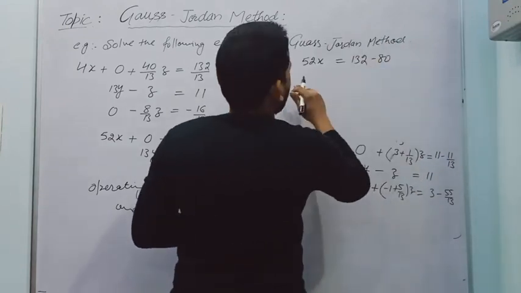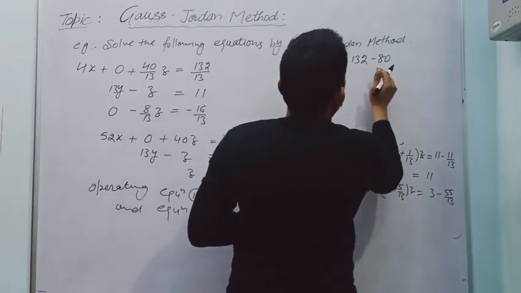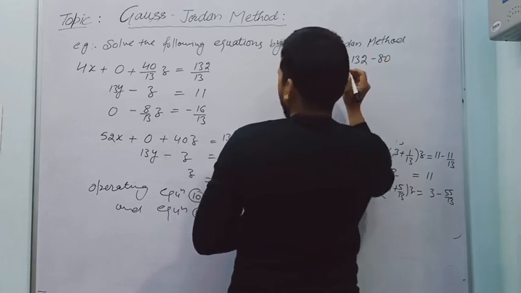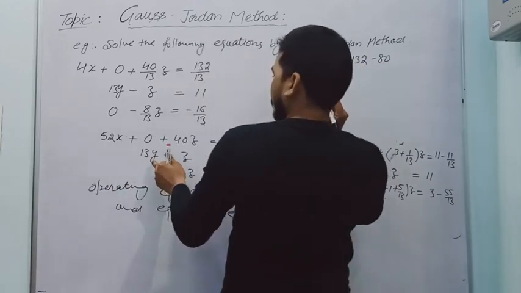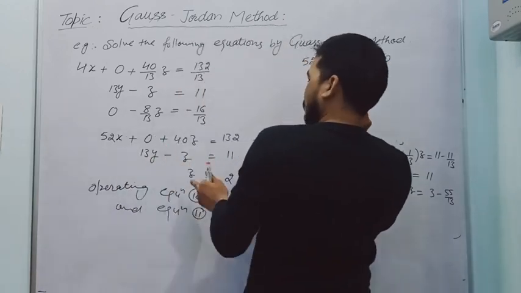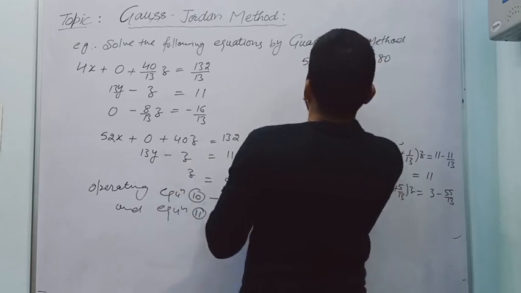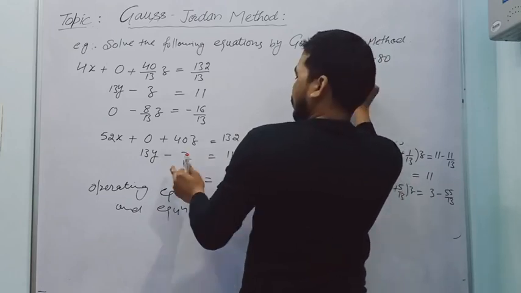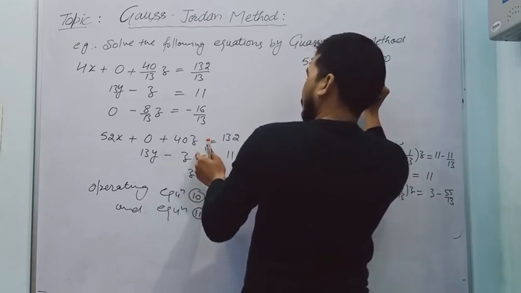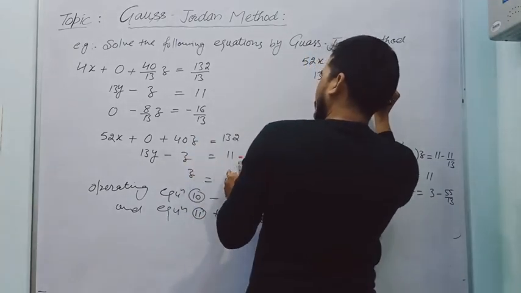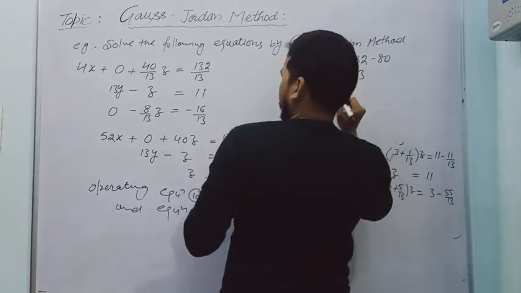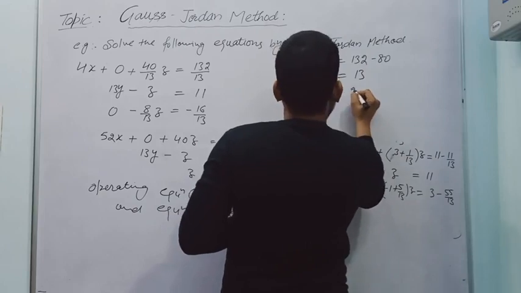So 132 minus 80, that will be 52. Okay, and in the other equation, this equation plus this equation, if I add this one, it will be only 13y, that will be equal to 13y. The other term will be cancelled out, and 11 plus 2, that will be 13. And the last equation, z is equal to 2.